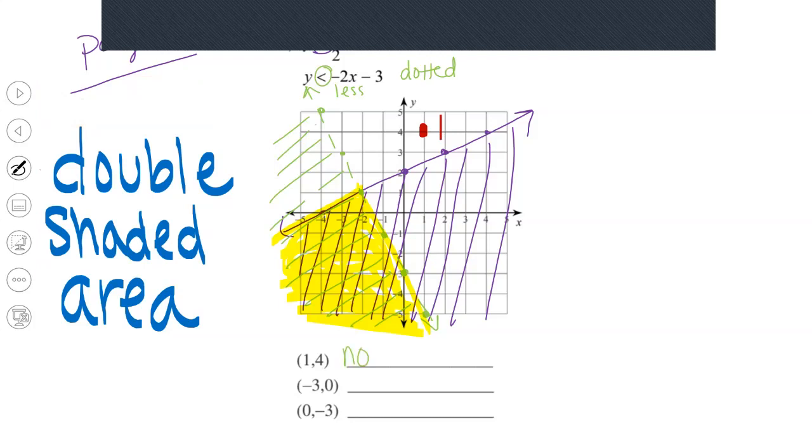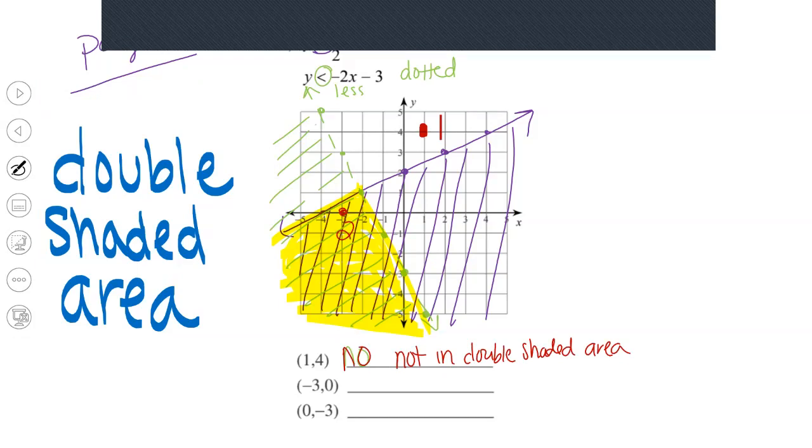No. How do I know? It is not in the double shaded area. It's not there. It's somewhere else. Okay? Number 2 is negative 3, 0. So here's number 2.